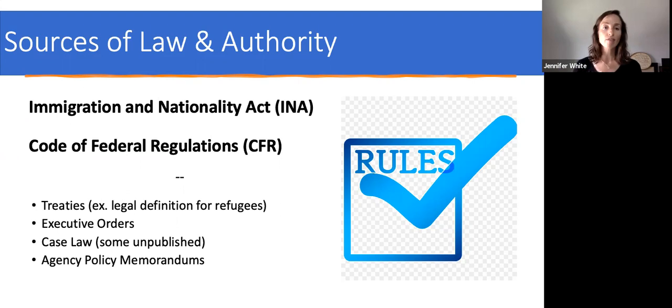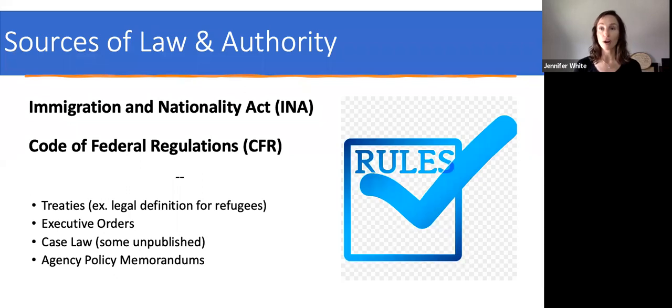But then we have additional sources of authority or law that we can also cite to and that have also formulated the law in the US. So we have international treaties that the US has signed on to and that obligate us to resettle refugees, for example. We also have executive orders.